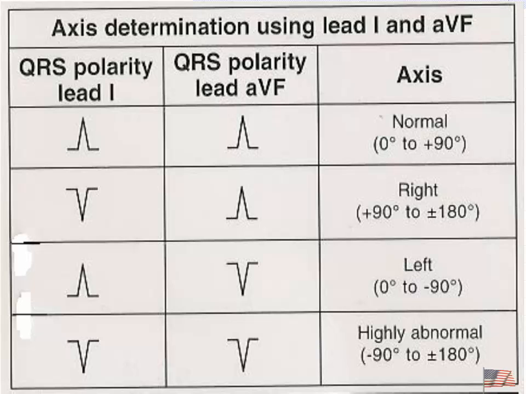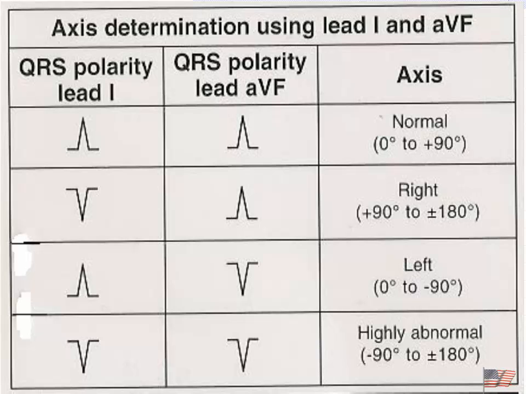Where does lead 1, what's the positive and what's the negative electrode? With lead 1. Negative to positive. Other way. Negative on their right shoulder, positive on their left shoulder. So it's looking in a horizontal fashion across the chest. Right shoulder to left shoulder.